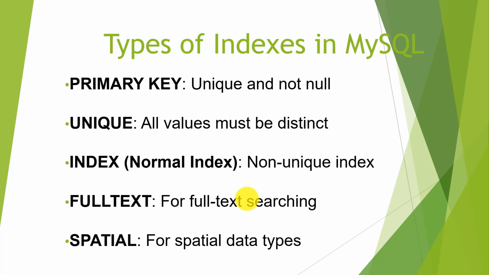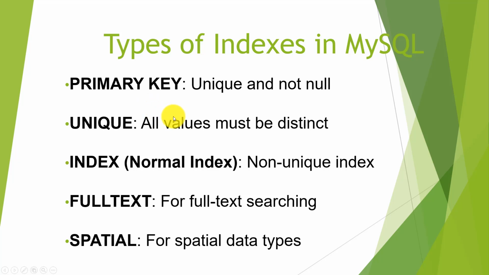These three attributes are all unique, but the database administrator can make one of them the primary key. For example, it makes student ID the primary key. The rest of the attributes, for example CNIC and mobile number, can be unique but cannot be primary keys. So we can apply indexes directly on the primary key.